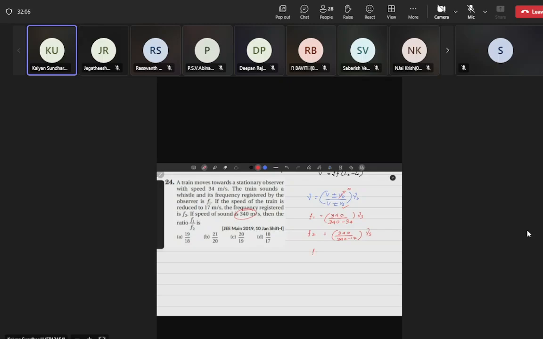So by dividing this, 340 minus 17 divided by 340 minus 34.